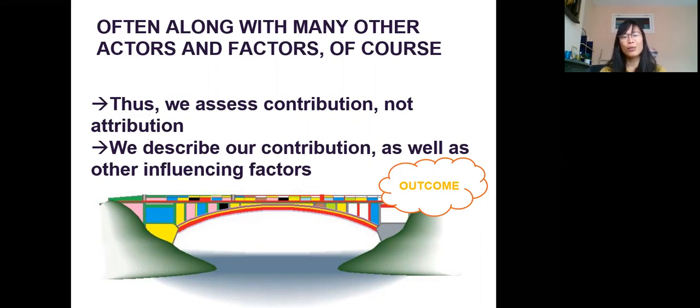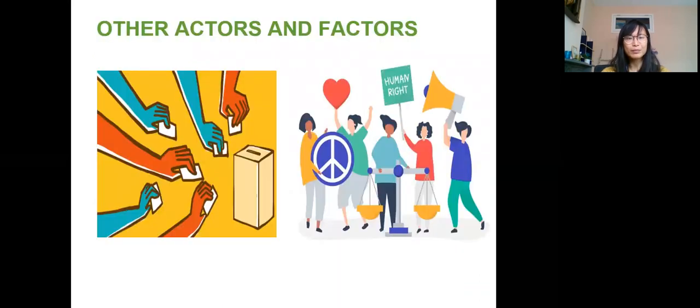So what we instead are interested in is how plausible is it that we did play a role in contributing. And it's okay that it's together with other influencing actors and factors, but we played a part in this change happening.